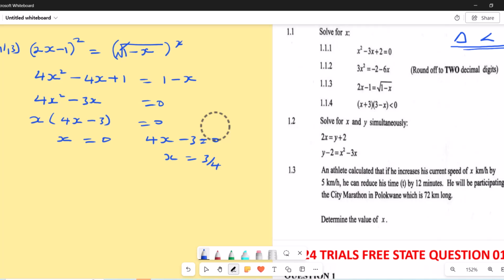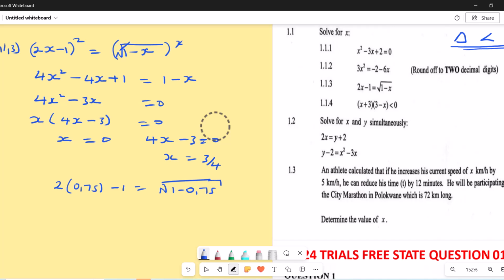Let's check with 3/4. Now 2 times 3/4 is 0.75, and then minus 1.